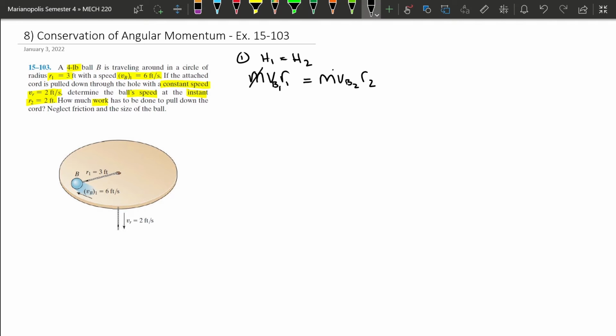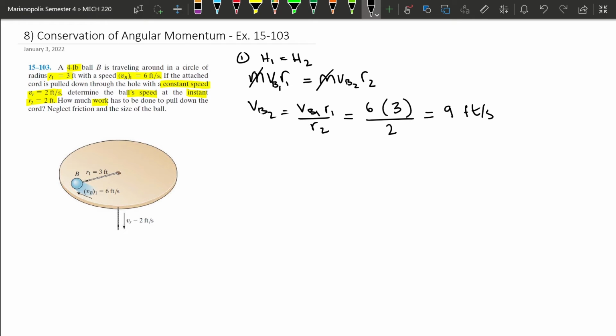So the masses can cancel out, and we're left with vB2 is equal to vB1 r1 over r2. vB1 we know is 6 feet per second, r1 is 3 feet, and r2 is 2 feet, which gives us vB2 is equal to 9 feet per second.